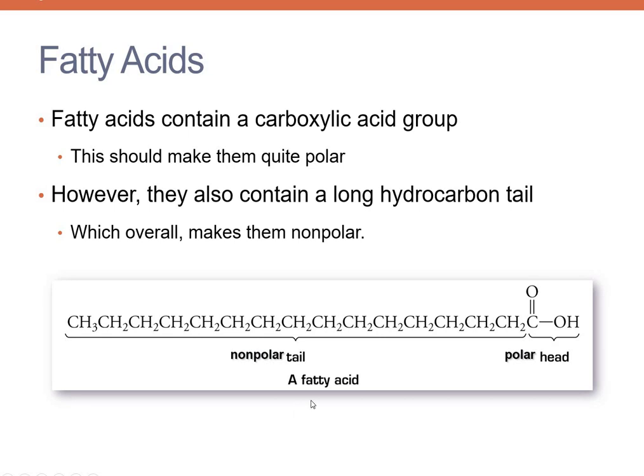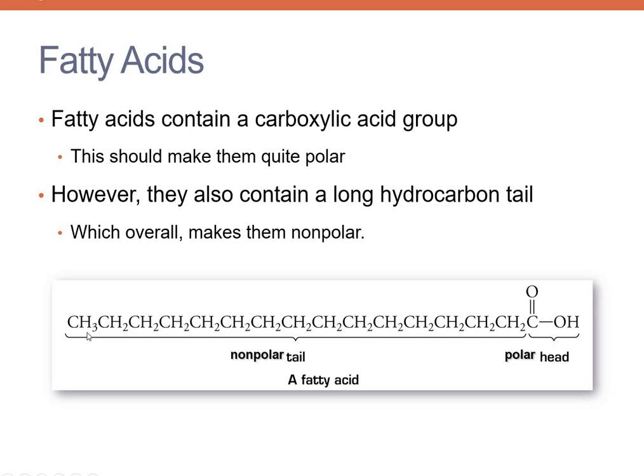If you see the structure of a fatty acid, in general you have a COOH carboxylic group, right? It is an acid group, and acids are usually soluble in water, as you know. So the COOH group means that it should be fond of water, it should have polarity, and that it has. Its head is fond of water, but on the other hand it has a long non-polar tail, usually made of hydrocarbons.